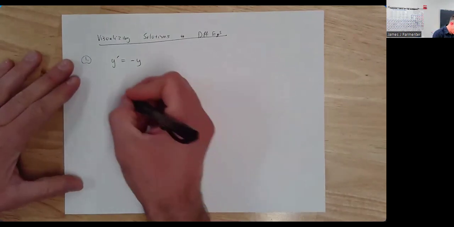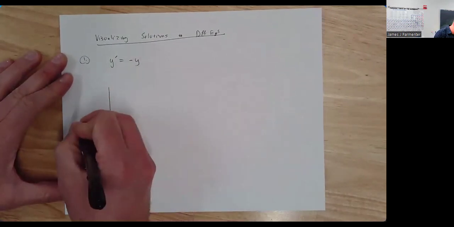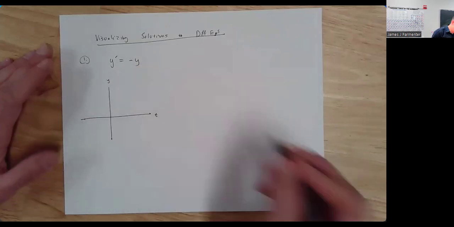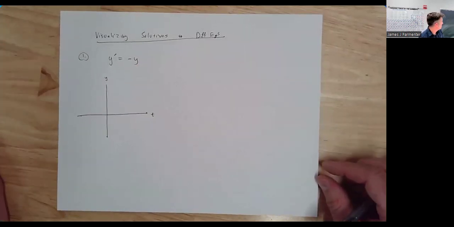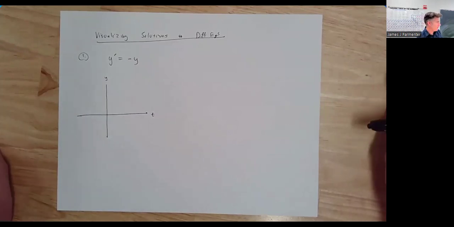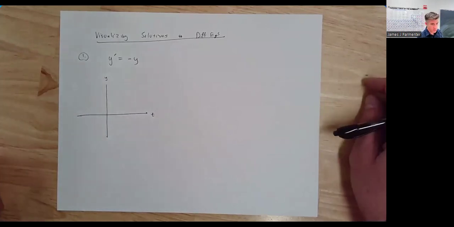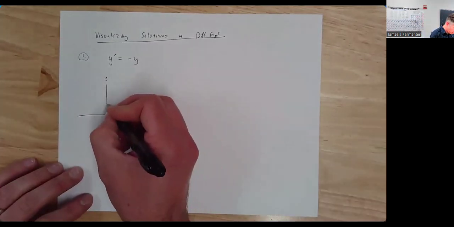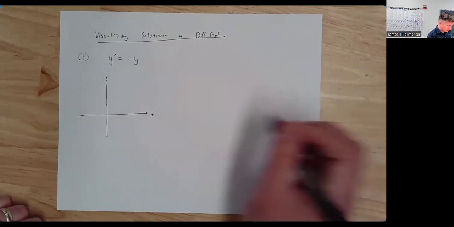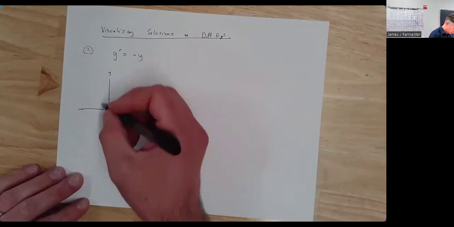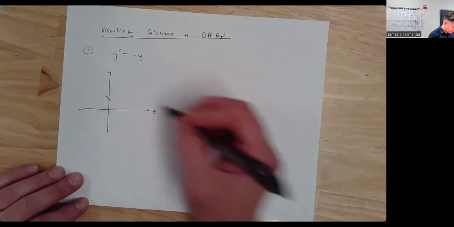So we're trying to think about graphing y as a function of t, based on the fact that the derivative is always equal to the negative of the y value. So for example, if y is, say, 1, then the derivative is -1. So the slope is very negative there. Like that.